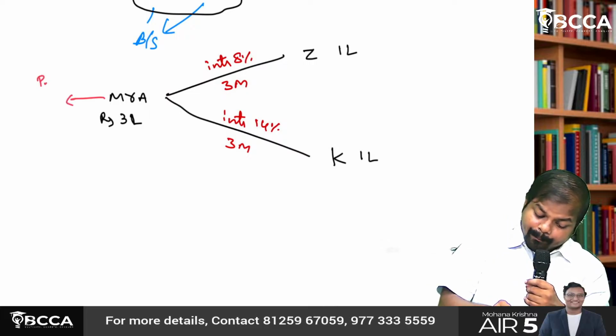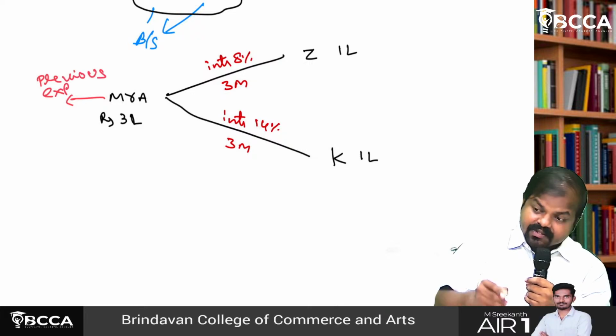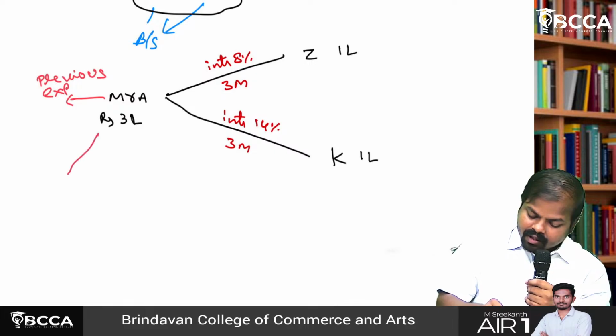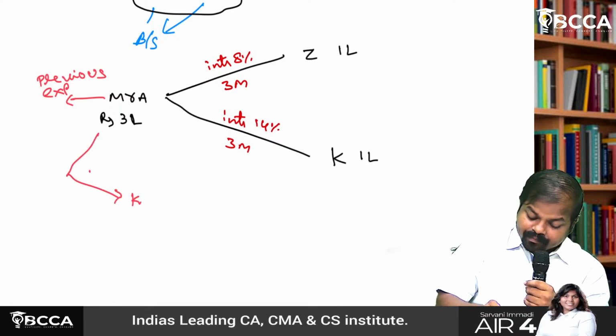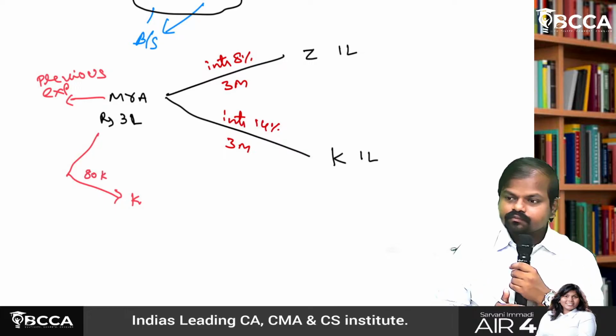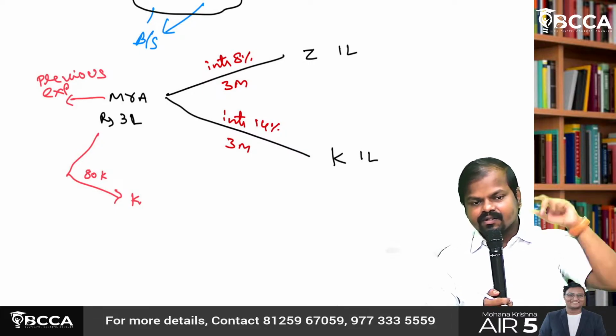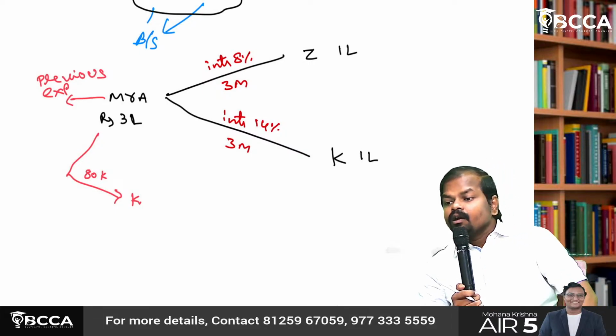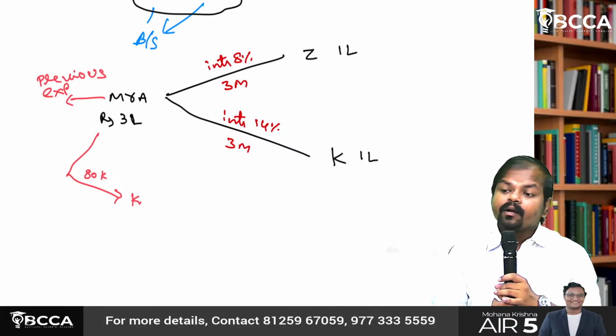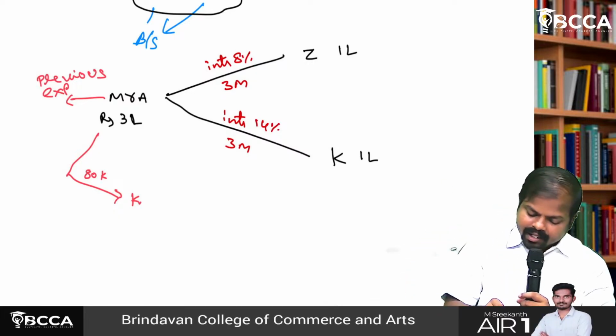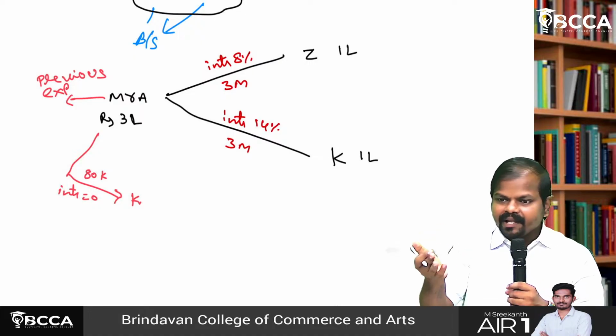But in A's previous experience, in olden days, Mr. A gave K 80,000. At that time, K told him that interest is 0. No need to pay interest, please just repay my 80,000.